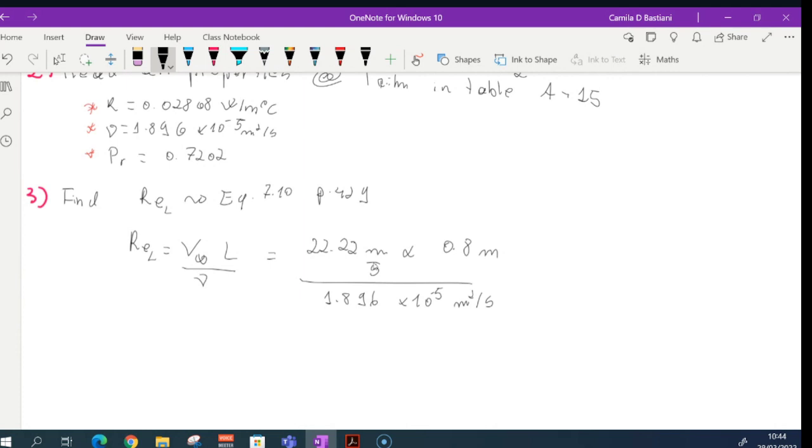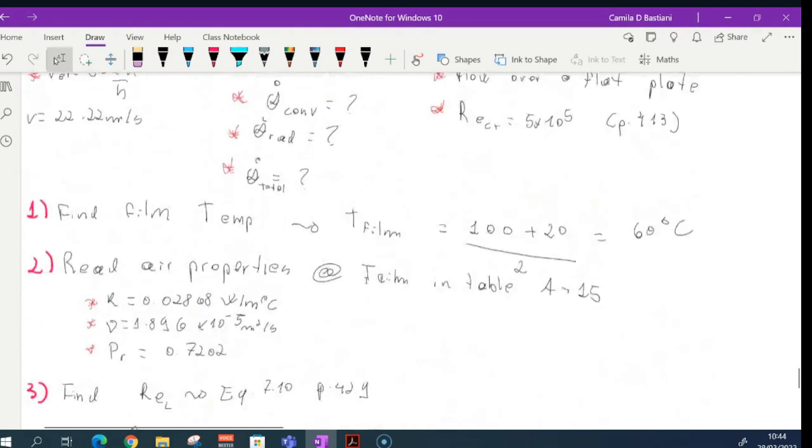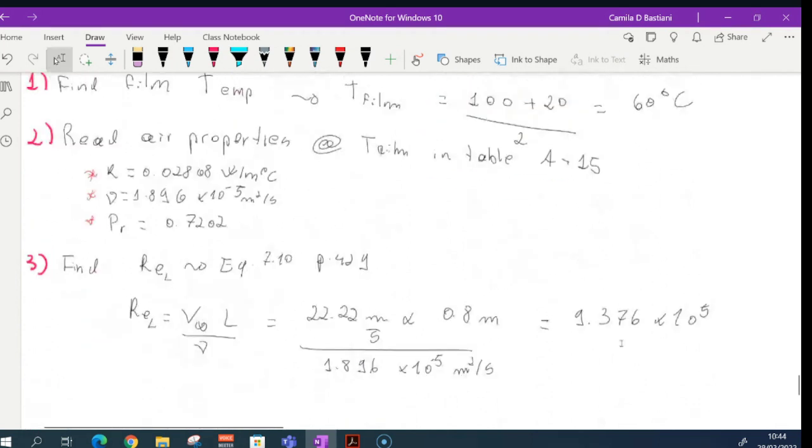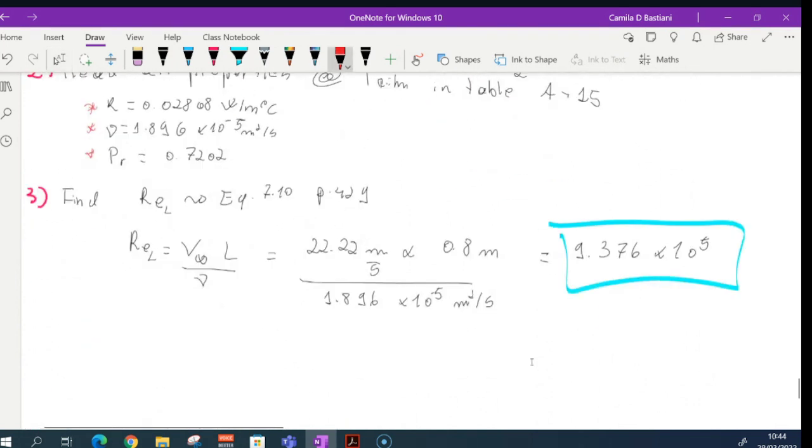Okay, so my Reynolds number is going to be 9.376 times 10 to the 5. If my critical Reynolds is 5 times 10 to the 5, I can say that yes, this flow is turbulent.